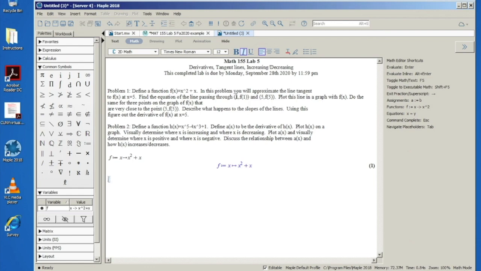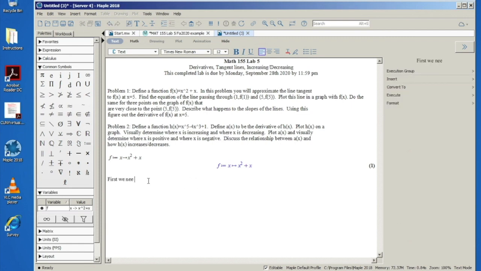So first of all, to write the equation of a line, we have to remember a couple things. The first thing that we need to remember is that we need to know how to compute slope. Then we need to know how to write the equation of a line.